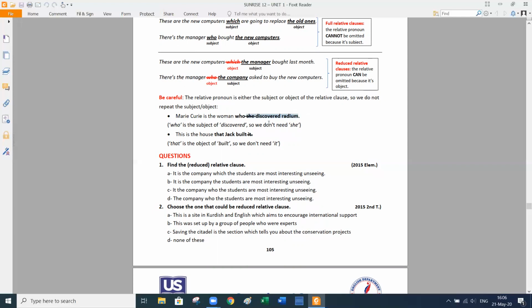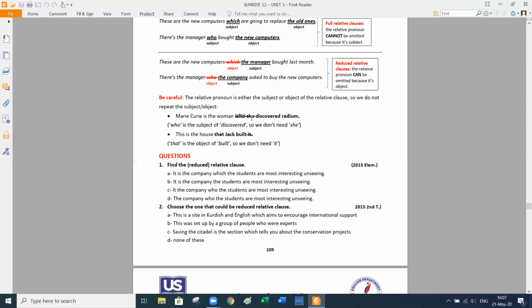Okay, and you are asked to join these two sentences using a relative clause, with the relative pronoun who, for example. In that case, you use who instead of she. Okay, she is the subject in this clause. We use who instead of she.